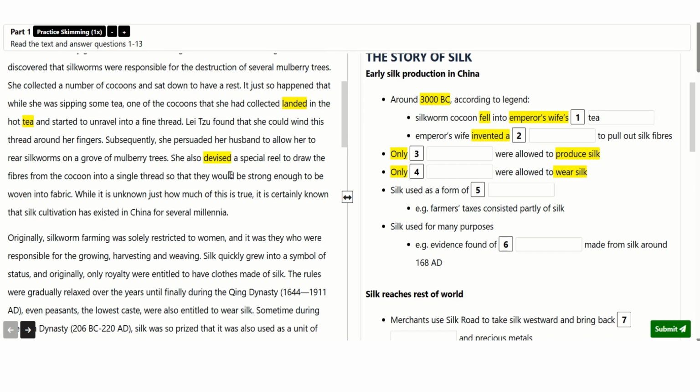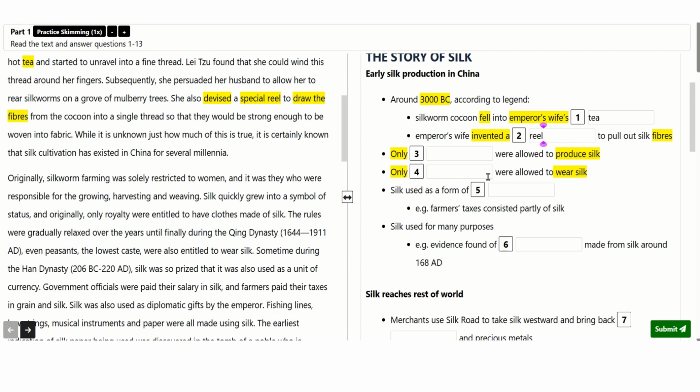She made a special reel to draw the fibers. So we got the same word fiber, and then pull out. Pull out means draw. So she devised a special reel. What did she make? Special reel, but one word only. So we will write reel only.